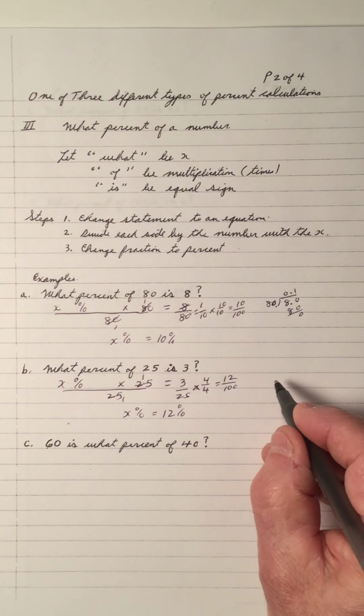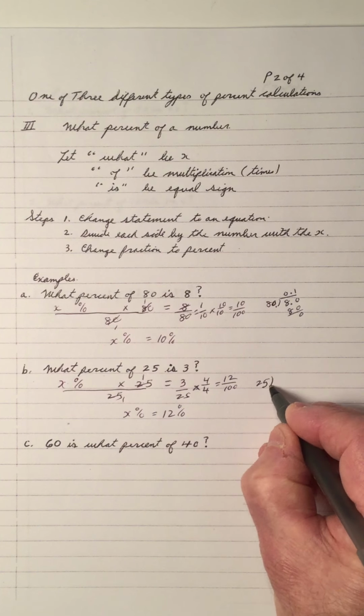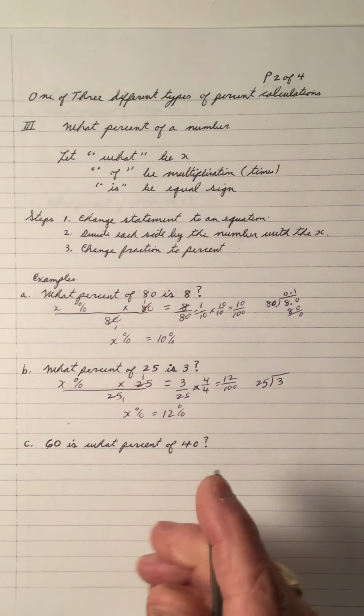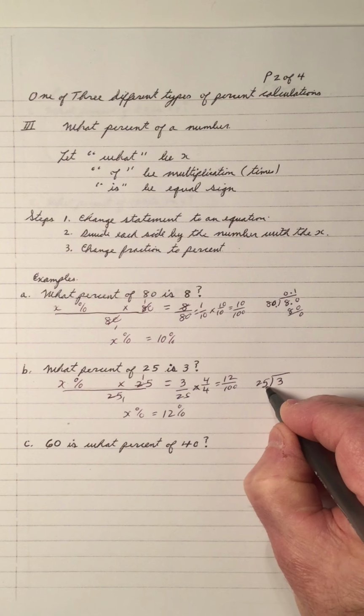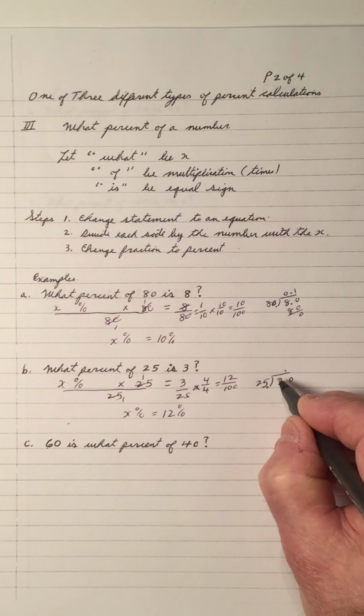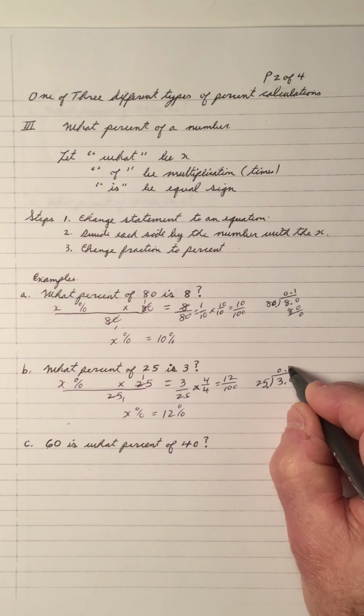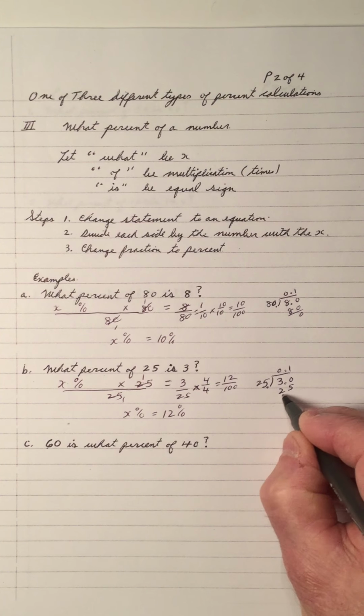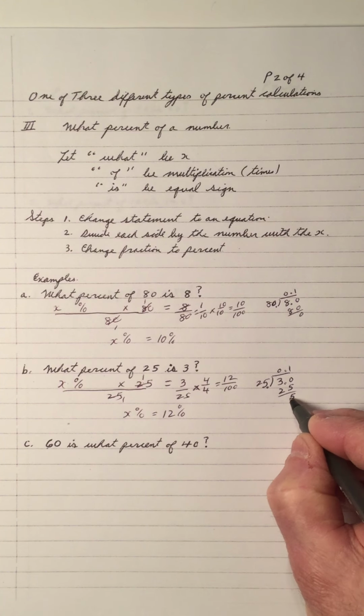And another way to do it is take the 25 and divide into 3, either with a calculator or manually. Decimals are on the right of each, already to the right at the 5, so we just move it up to 0. 25 into 3 can't go. 25 into 30 goes once, so we get a 25. Subtract and we get a 5.